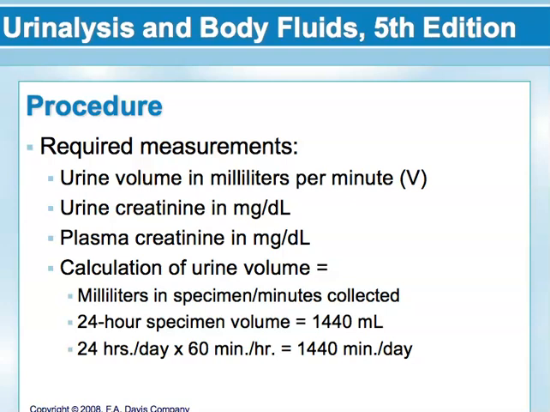So the collection period should be 24 hours. If there are 24 hours in a day and 60 minutes in an hour, 24 times 60 is 1,440 minutes for a day's collection. So if the volume also were 1,440 milliliters, then you would divide 1,440 milliliters by 1,440 minutes, and the result would be 1 milliliter per minute.